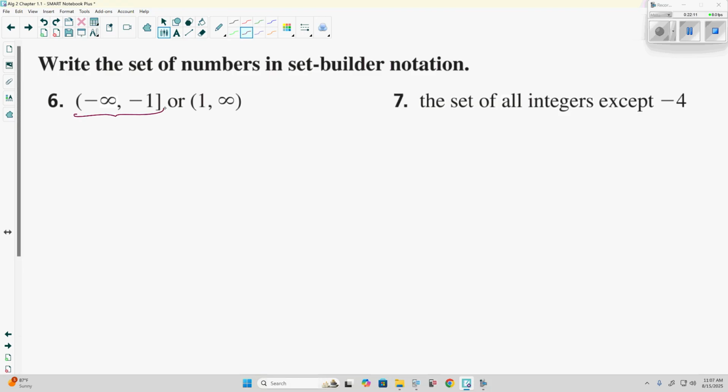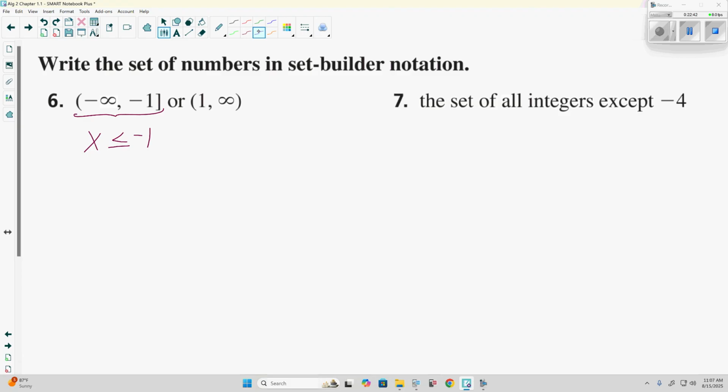So this first part here, our endpoint's at negative 1 and we're going all the way to negative infinity. So we're saying x is what? Less than negative 1, yes? Because it's all the numbers less than negative 1. Or equal to, because we do have that bracket next to negative 1, that means it can be equal to it, so we have to put the less than or equal to.